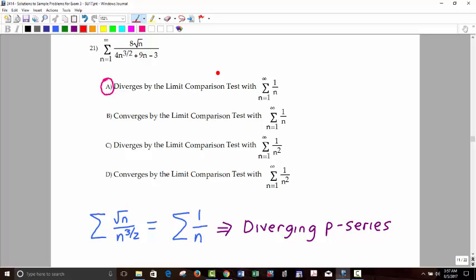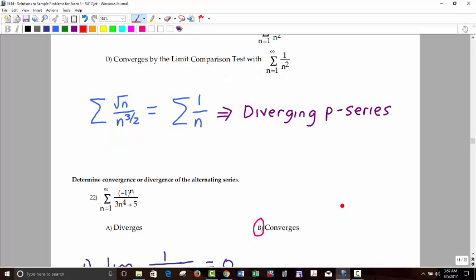It would have been valid, because if you don't pick the right thing to compare it with, you're going to get an invalid result, like either 0 or infinity. That tells you nothing. But anyway, 1 over n is a diverging p-series, and we compared the original one with a diverging one. So the original one will diverge. It diverges by the limit comparison test with 1 over n.